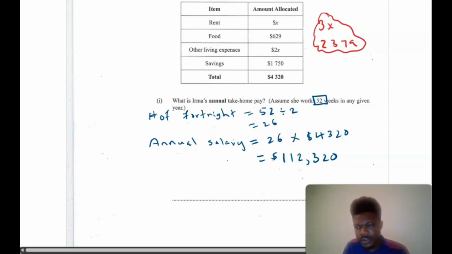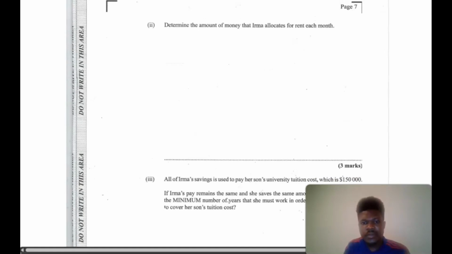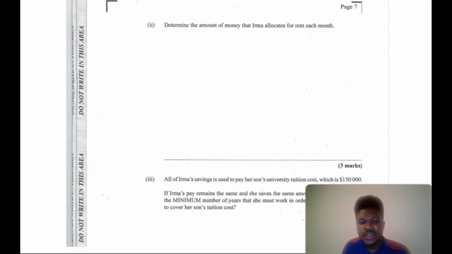Going further. So now to determine the amount for rent, we know that the total allocated would have been 3x plus 2,379, and this should be 4,320 because that's the amount she's paid per fortnight.